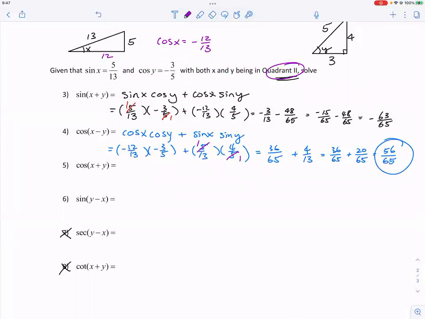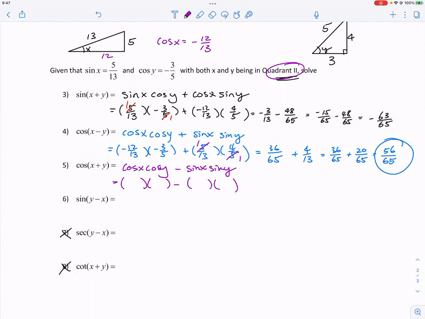And for number 5, it's cosine x cosine y minus sine x sine y. You can list out all the fractions here.